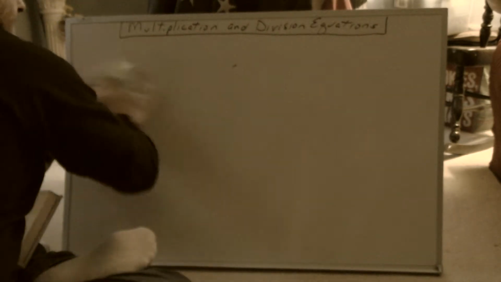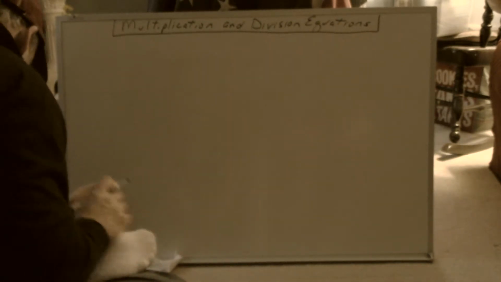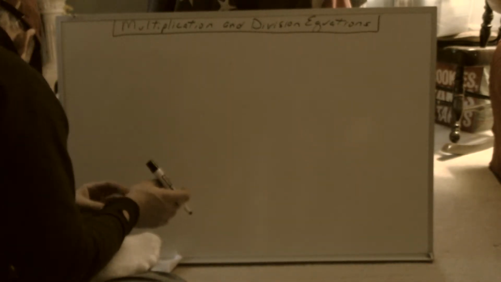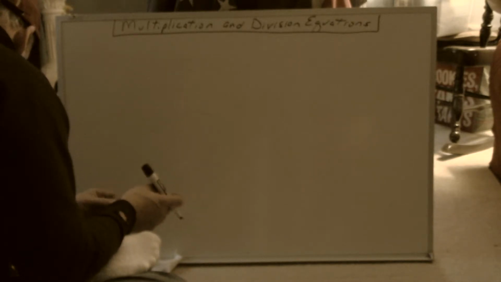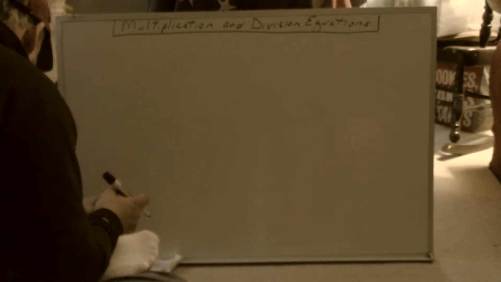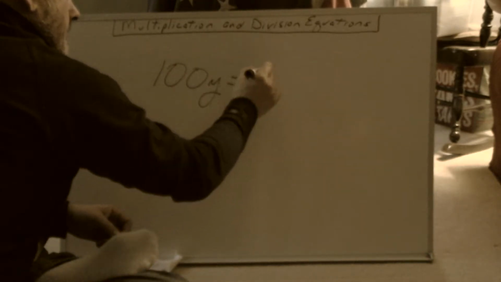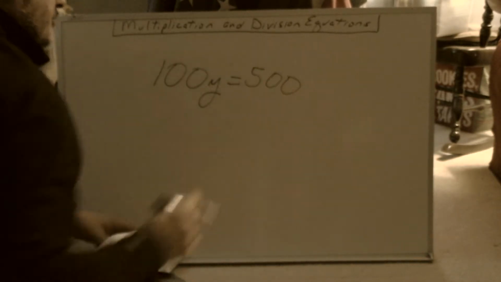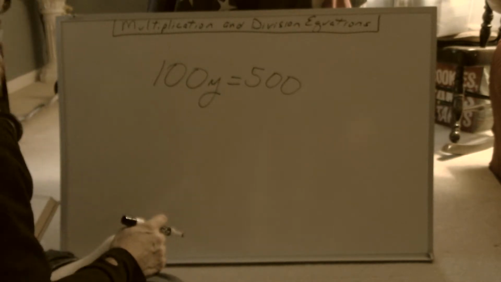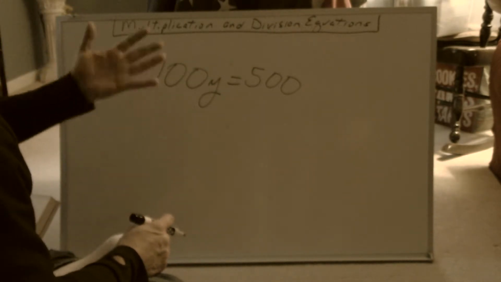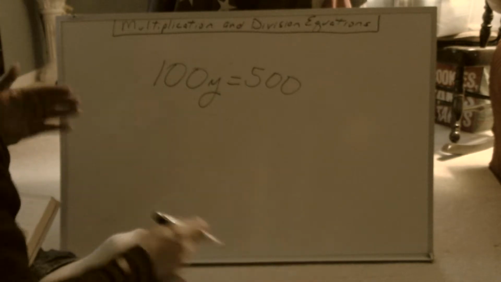Let's do another one. Here's an easy one. 100y equals 500. Which really means 100 times y equals 500. Meaning what number times 100 equals 500? Well, we know it's 5.